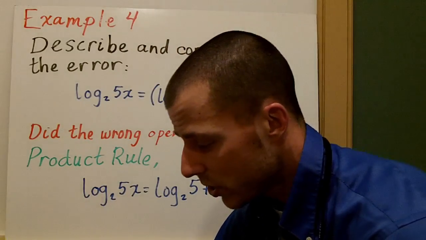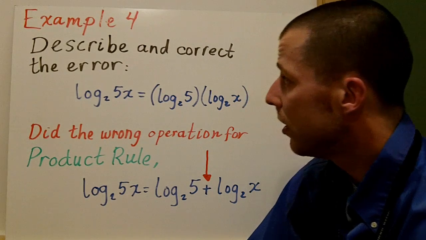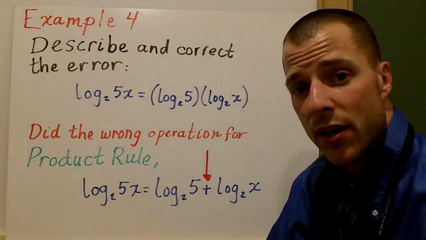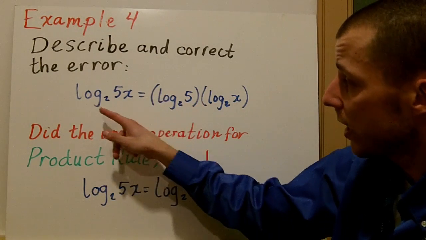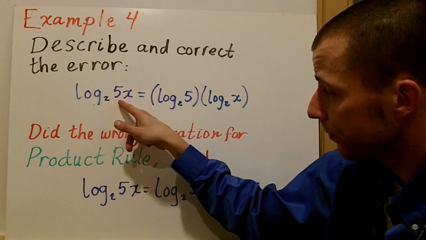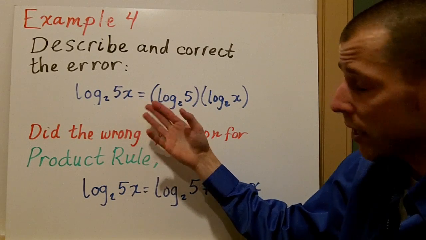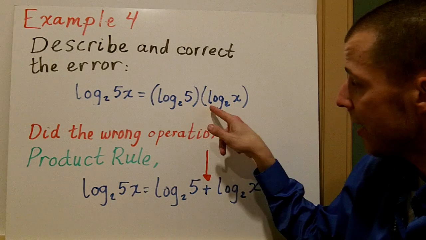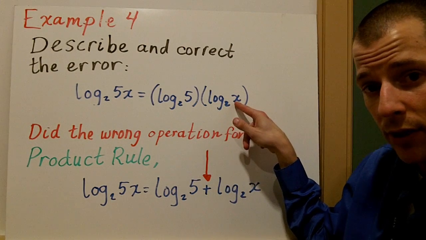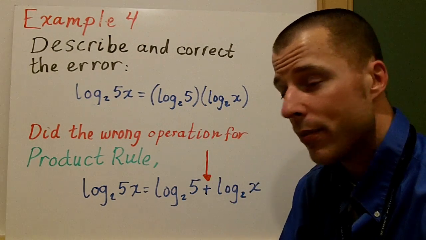Lastly, I just want to show you a quick example of describing and correcting errors. Something's wrong with this specific statement, and we're going to correct the error. So we have log base 2 of 5x, and whoever the person is, they wrote it's log base 2 of 5 times log base 2 of x. So we need to figure out the problem here.